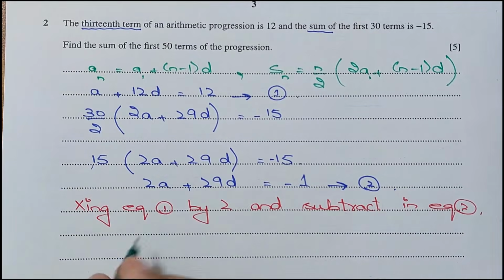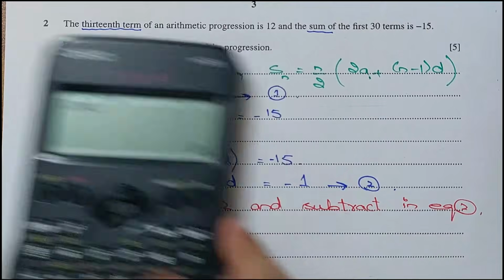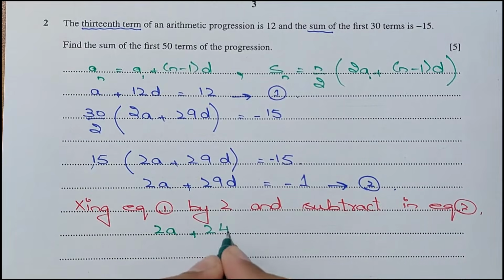Equation 1 multiplied by 2 gives 2a plus 24d equals 24. The second equation is the same: 2a plus 29d equals negative 1.